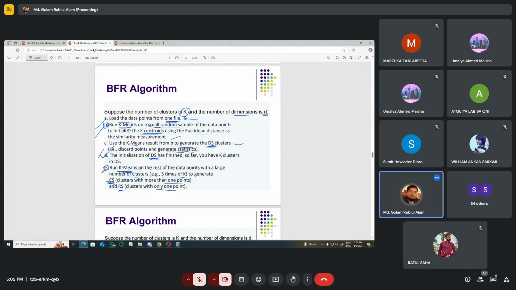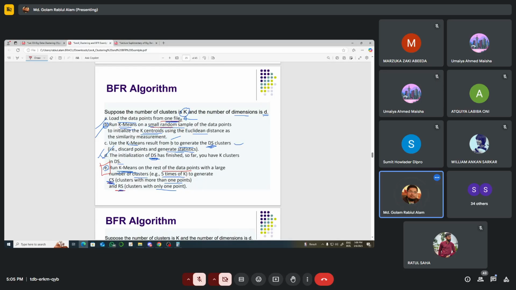So now this is the point we have to apply. Run k-means on the rest of the data points with a large number of clusters, 5, to generate the CS and RS. Okay. The rest of the data points means, from the first chunk of our loaded data points, we have taken some random instances.